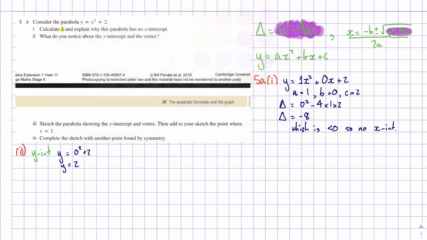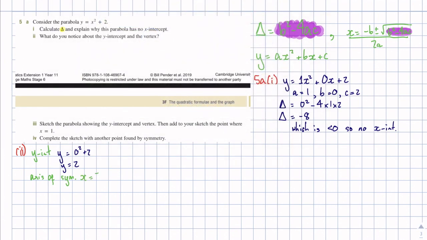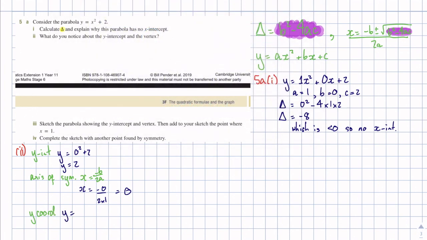And the axis of symmetry, x equals minus b over 2a, which for this one is going to be minus 0 over 2 times 1, which is just 0. And the y-coordinate, well, we're subbing in 0, so obviously the y-coordinate is 2. They're the same.